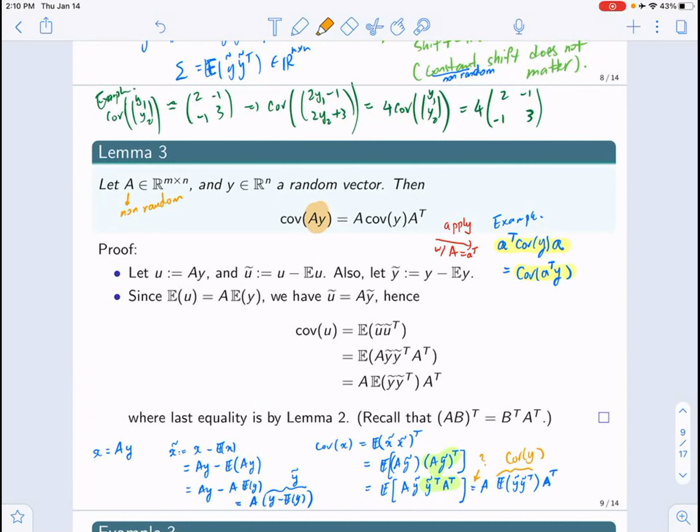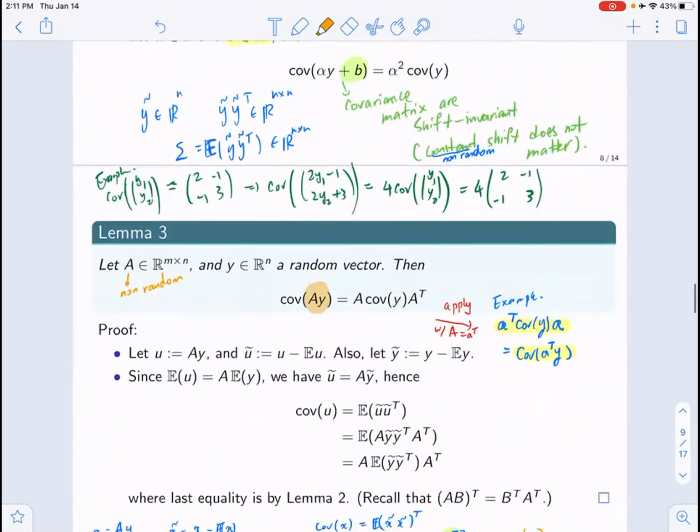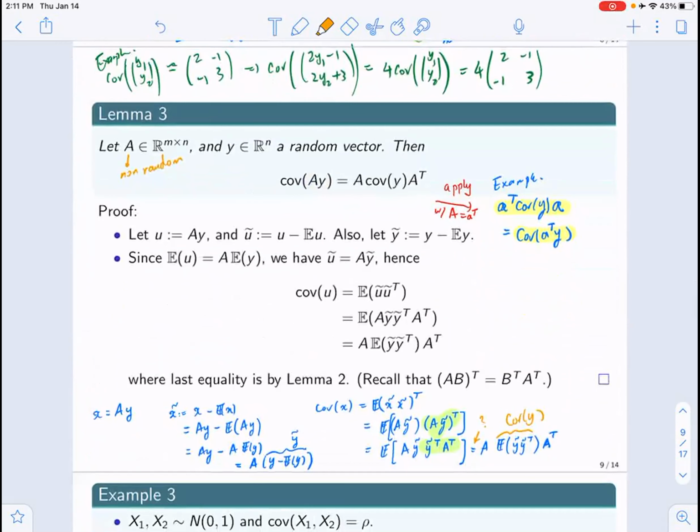You would expect to get a square of A out, just like we get alpha squared out for a scalar. But A is a matrix, so things become a little more complicated: you get A squared, but the A's appear on different sides of the covariance, and you get A and A transpose. So this is an example where things might not be as obvious as they seem.